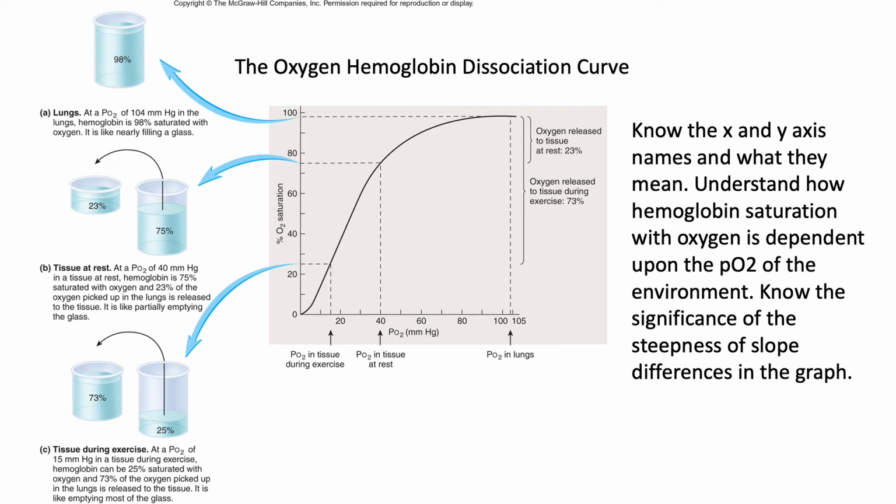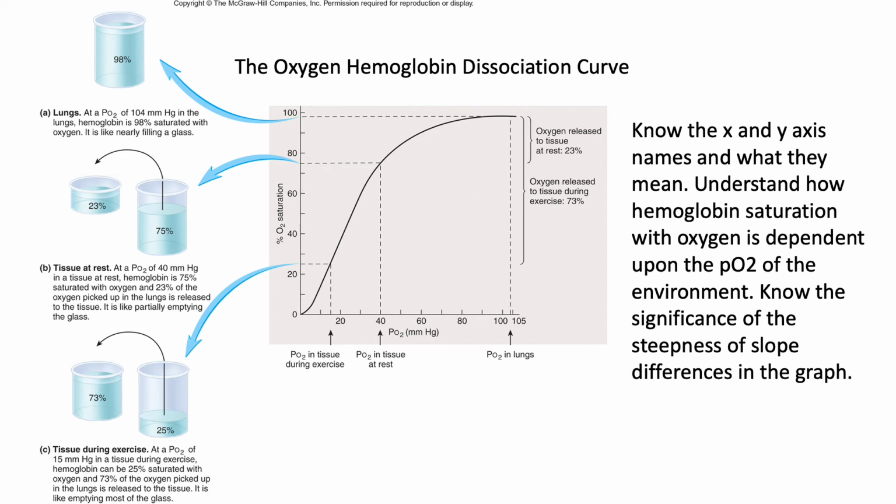So same situation, let's take that at exercise now. You look at your PO2 in the lungs, which is 104, so you leave that area with 98% of your hemoglobin saturated. And let's say you get to a tissue under exercise, and the PO2 in that tissue looks like 15. So your PO2 in that tissue is very, very low.